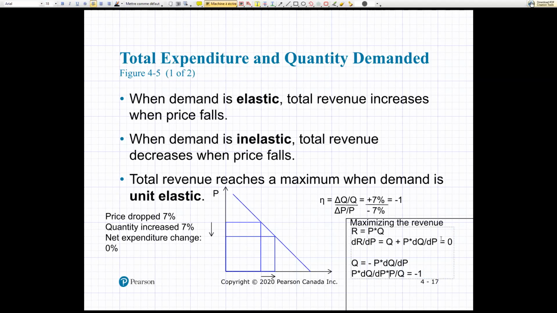And this is, of course, the elasticity: dq over dp times p divided by q, and it's equal to -1. So yeah, don't worry if you don't know calculus.